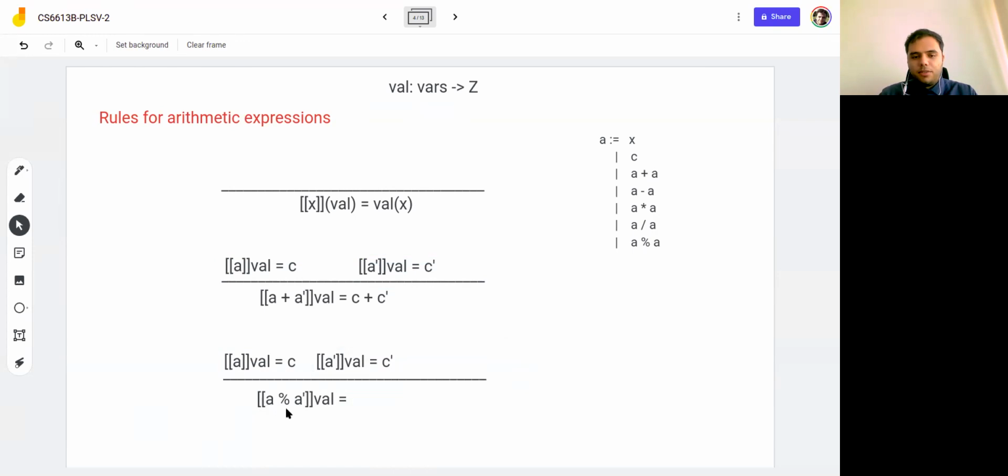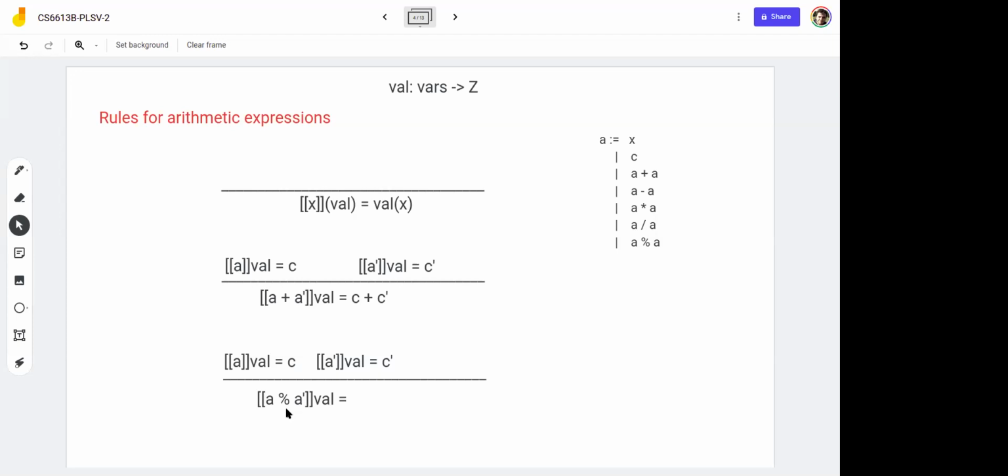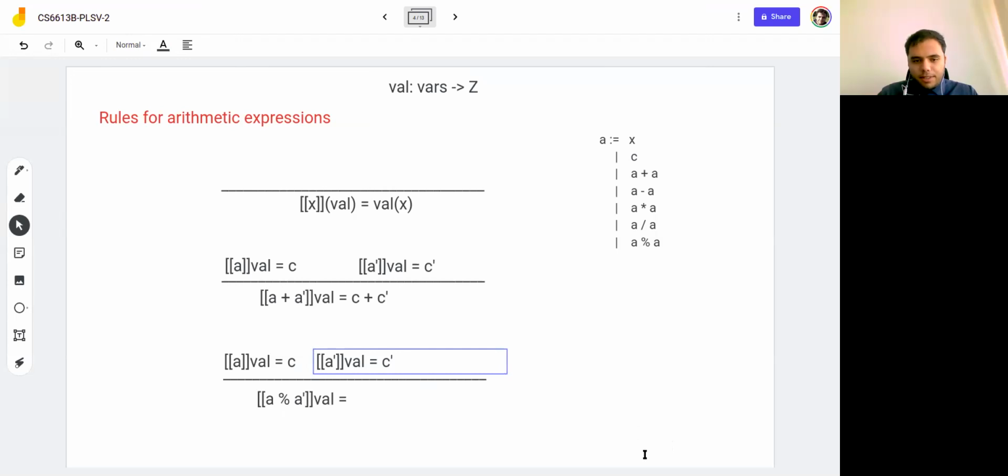So how do we define the mod operator? Yes, there are several special things about this here.